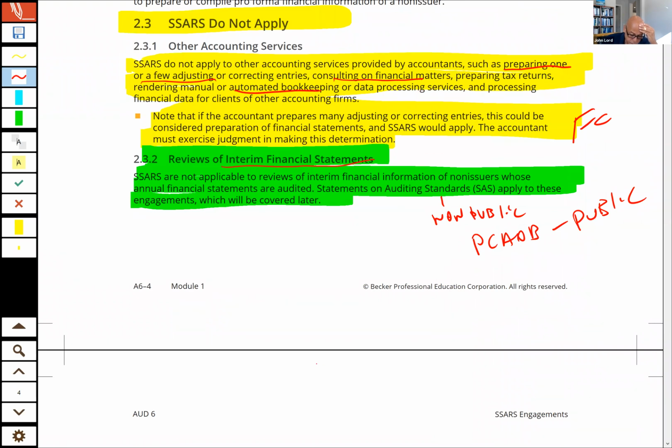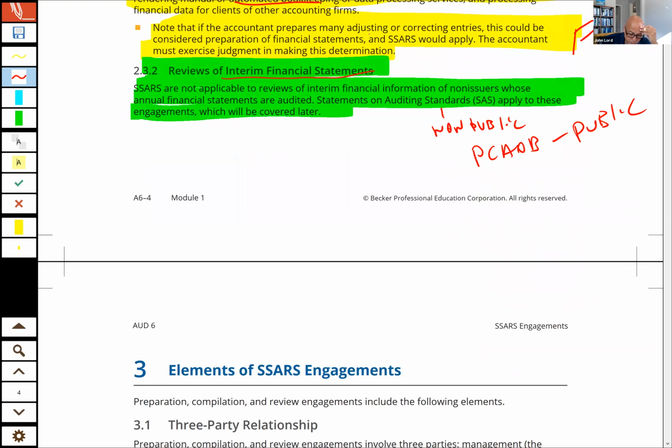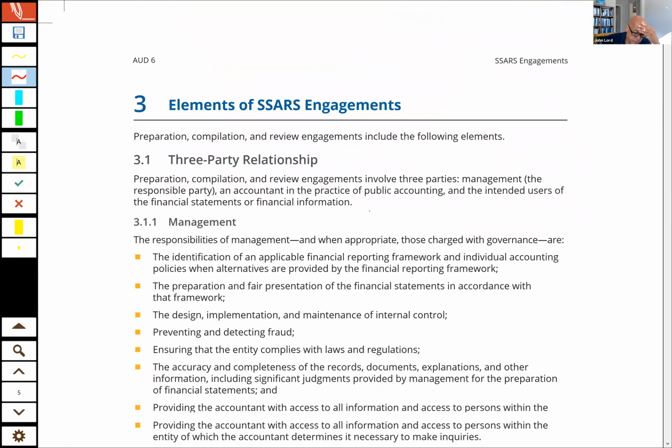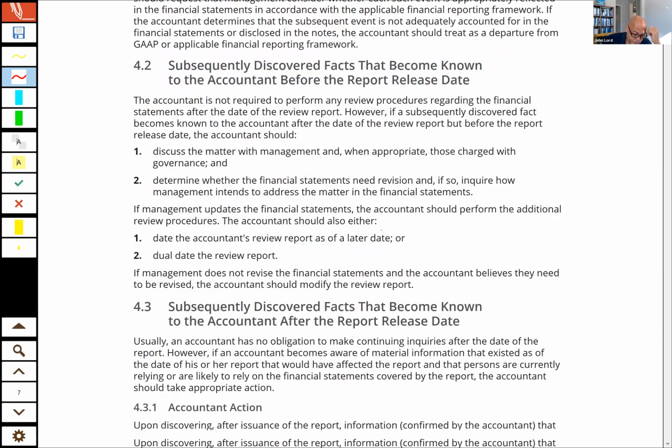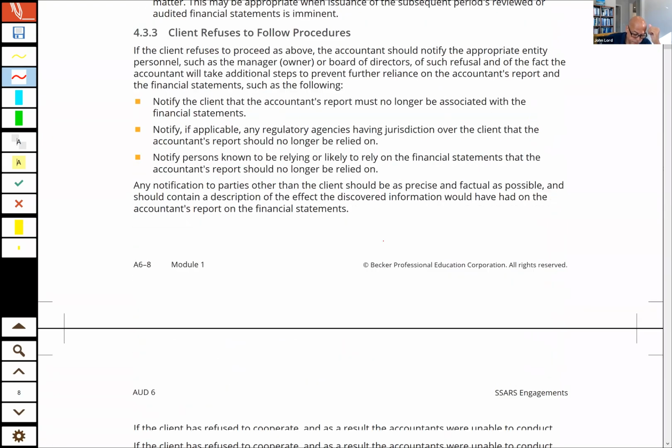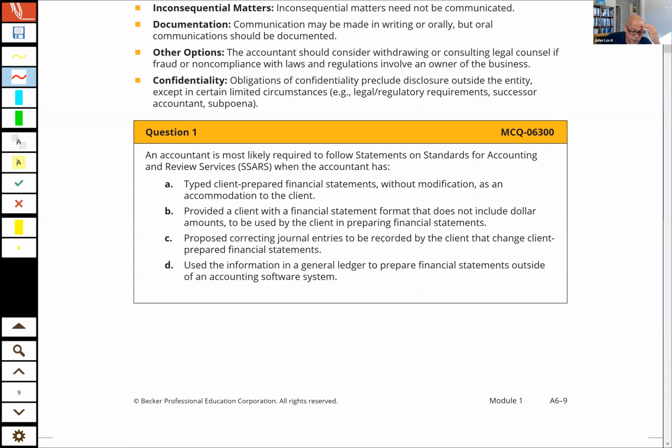The accountant must exercise judgment in making this determination. Okay, so now I put that question back. An accountant is most likely going to be required to follow statements on standards for accounting and review services, SARS, when the accountant has typed client prepared financial statements without modification as an accommodation to the client.